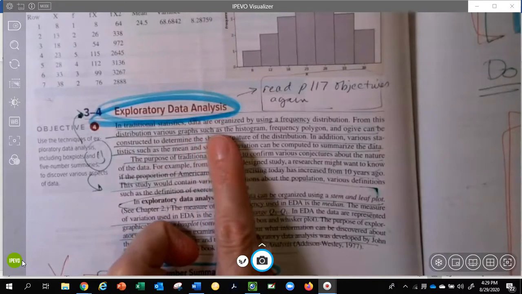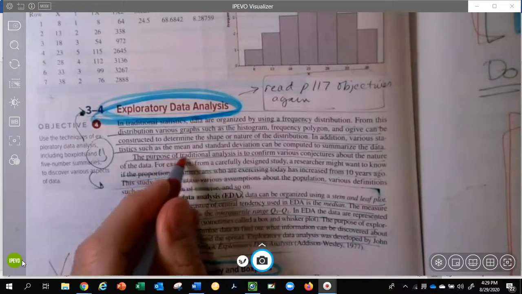And again, what I don't read, you definitely go back and read all of it. But looking here, it says, in traditional statistics, data are organized by using a frequency distribution. Traditional statistics. Underline it, highlight it. From this distribution, various graphs such as the histogram, sound familiar?